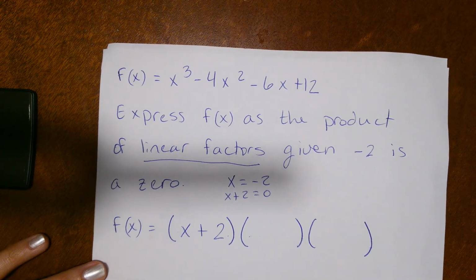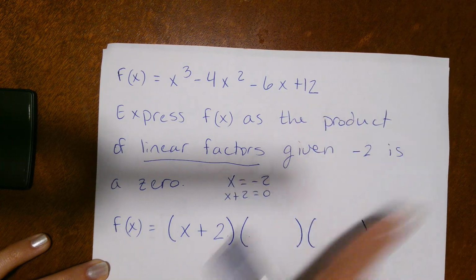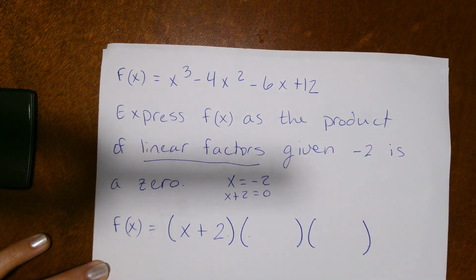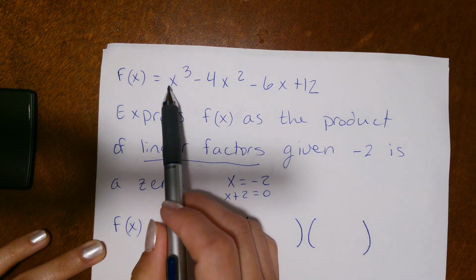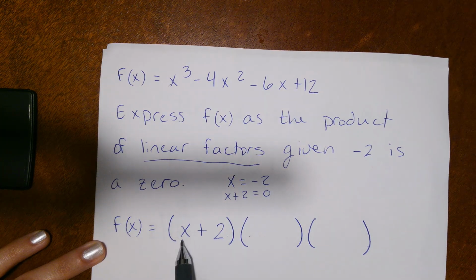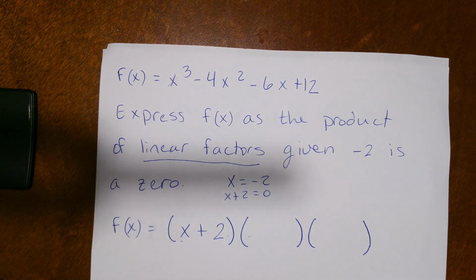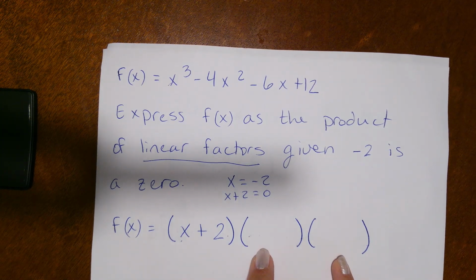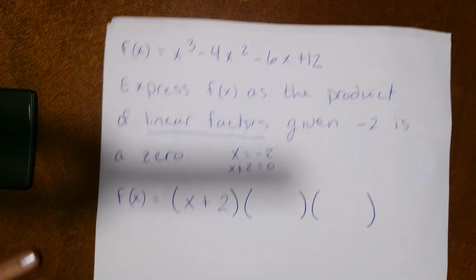So I'm going to divide this polynomial by the factor x plus 2. In dividing x cubed by x, I'll end up with x squared, so I'm going to get a quadratic that I'll then just need to solve either by factoring or quadratic formula to find what the other zeros are, so I can find what the other factors are.